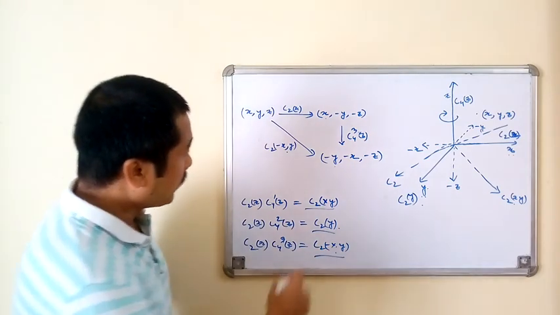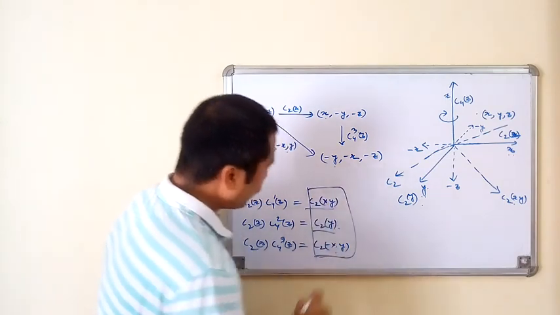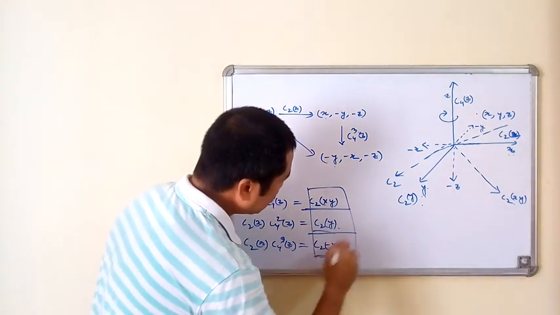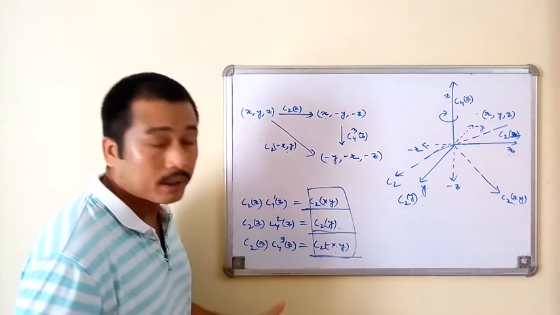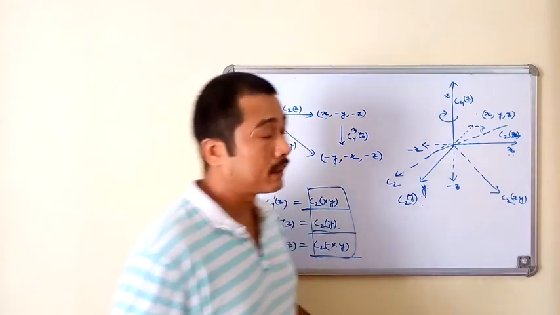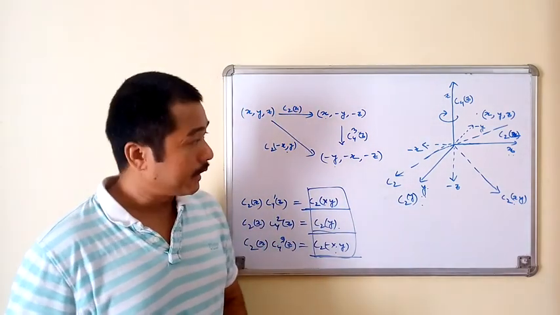So it is a must that these three C2 axes of symmetry are also present along with the C2 axis along the x-axis.